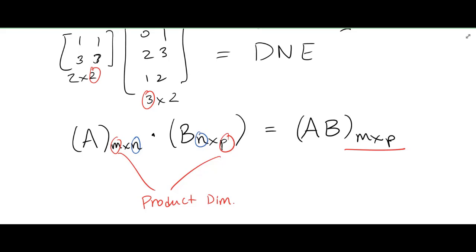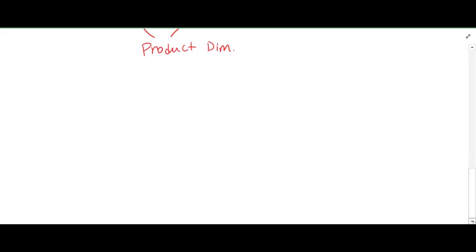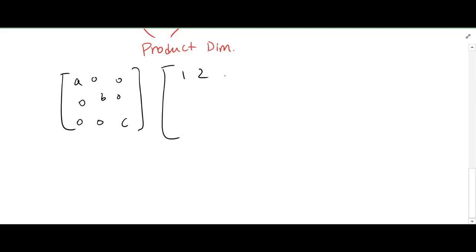But there are some nice properties about matrix multiplication. If you take this matrix, it's diagonal, A, B, C, and you multiply it by some other matrix, just some random matrix, the effect is that the first row will be multiplied by A, this first entry.